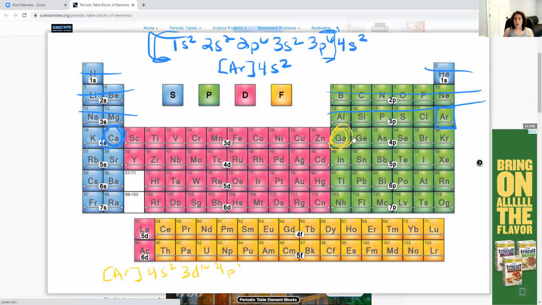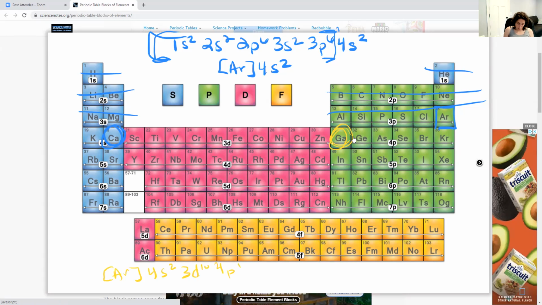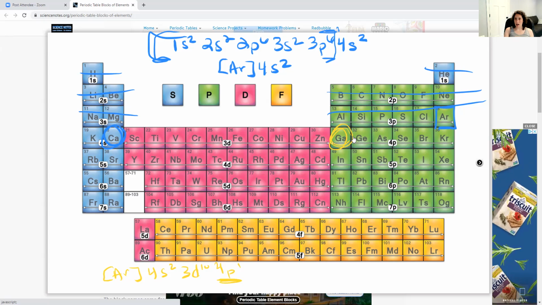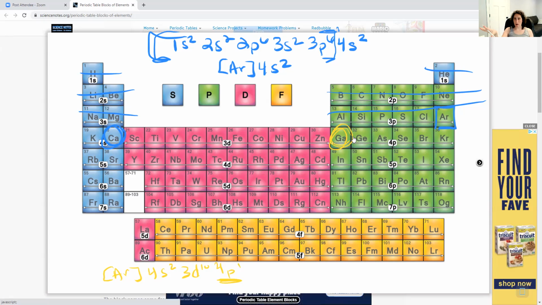So we only have to look at the very last thing, this 4p1, because that's the only part that's not full. If it's full, you already know everything has a partner. And because it is number 1, 4p1, it has 1 unpaired electron. If it had been germanium, it would have 0 unpaired.